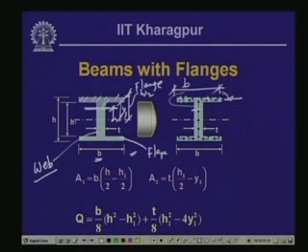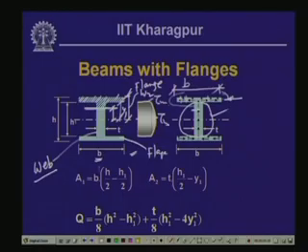This web part is similar to a rectangular section, and in it we compute the shearing stress and the distribution, which is going to be a parabolic distribution. You will have the maximum value here, which is tau max, and this is going to be tau minimum.